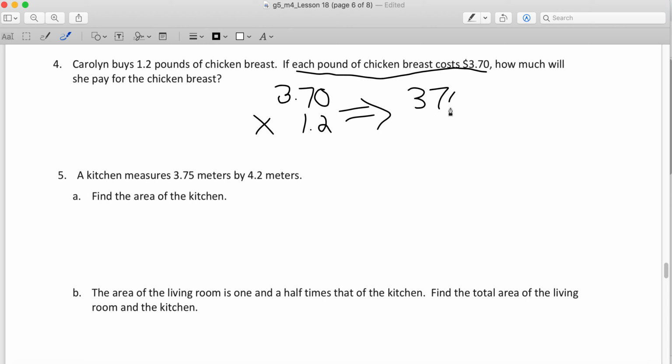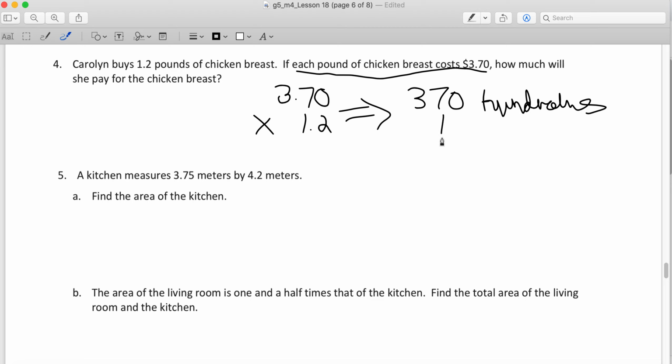I'm going to write this as 370 what? Tenths or hundreds? Better be hundreds because this is 3.70. Okay, so hundreds. If you notice, I'm writing my uniform language out. This is 1 2/10.